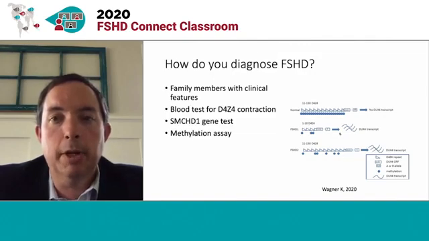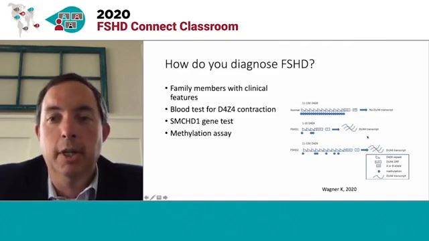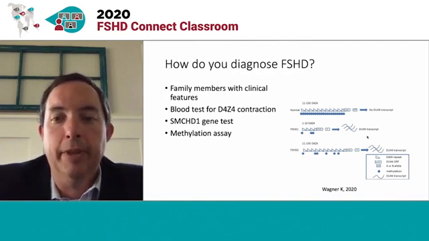And once you shorten those repetitive elements, you have hypomethylation, which allows toxic transcript DUX4 to be expressed and cause damage to the muscle tissues.